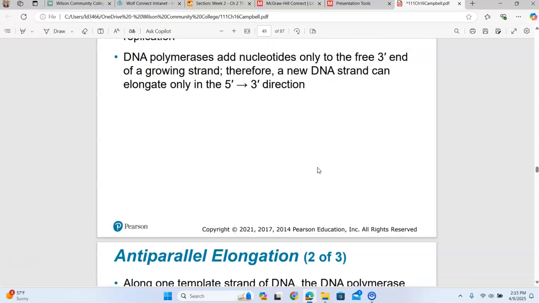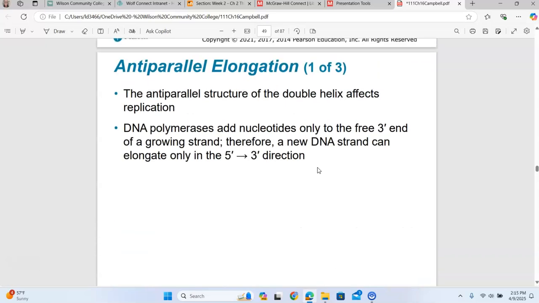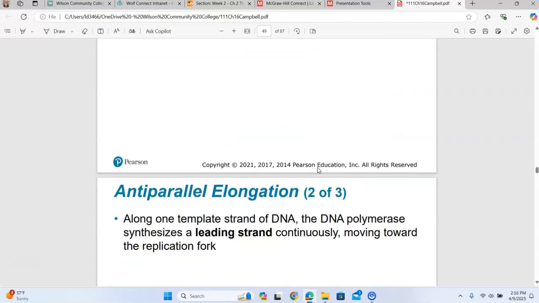Sometimes it's really tricky how that's worded. But anyway, the DNA polymerases have a special direction that they can add nucleotides in. They can only add to the 3' end of a growing strand, and DNA can only elongate in the 5' to 3' direction.